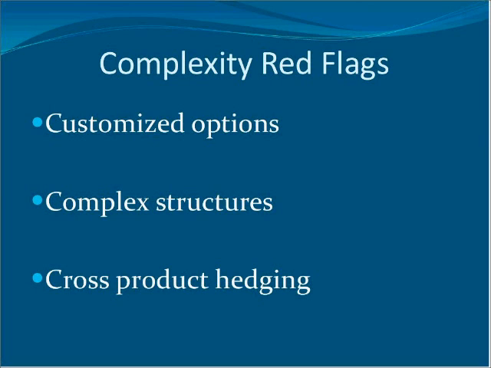So maybe somebody's trading options on the S&P 500, but they're hedging them with options on the gold index or the treasury bond index. Again, these instruments may be correlated, but it's worth asking why somebody is doing this, and does this make sense?